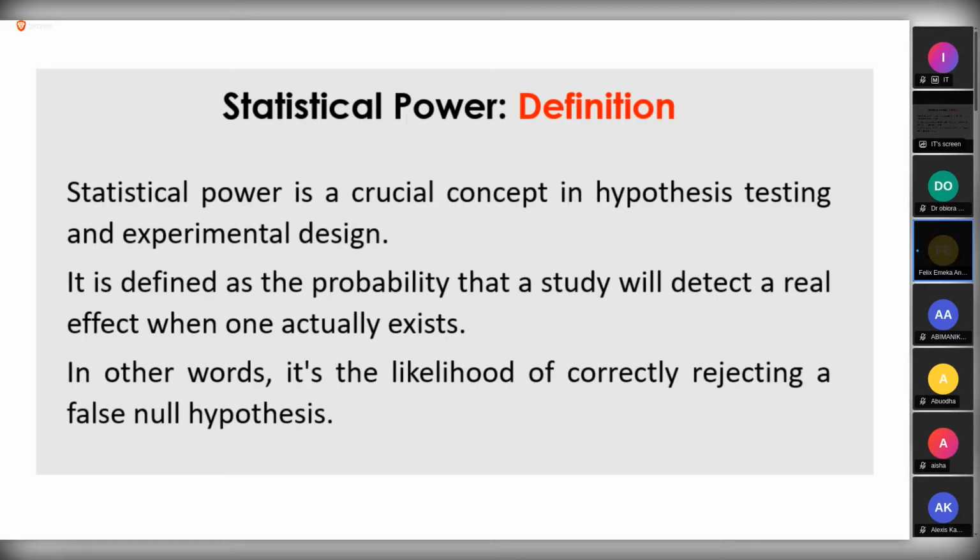So statistical power is the probability for a study to detect a real effect. If that effect is there, it will show you. So if there's a significant increase from one percentage to another, if there's a significant mean increase from one level to another, the p-value will be significant if it's truly there, because you have enough power, enough sample size to actually detect that difference, if that difference is truly there.